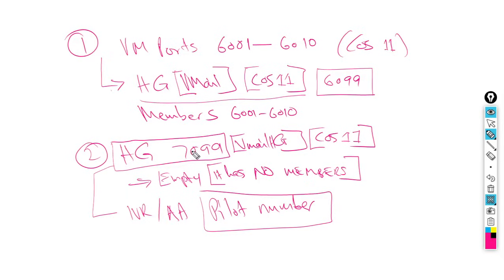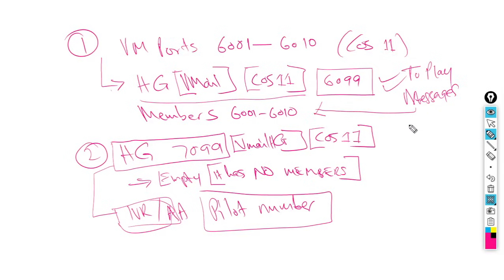If somebody dials 7099, they are going to go into the IVR, and once they are in the IVR it is going to use this hunt group to play messages, by using any free port from any of the members.